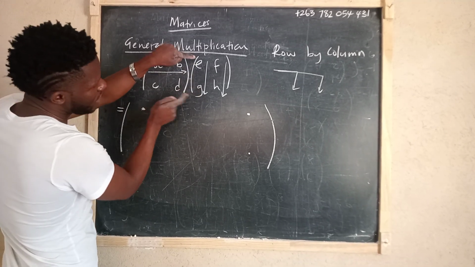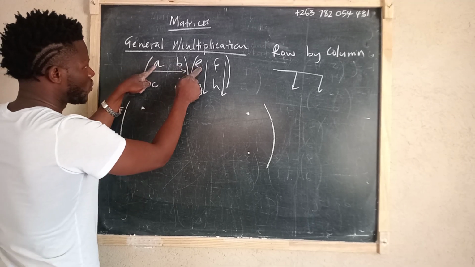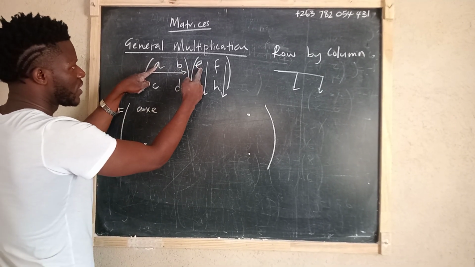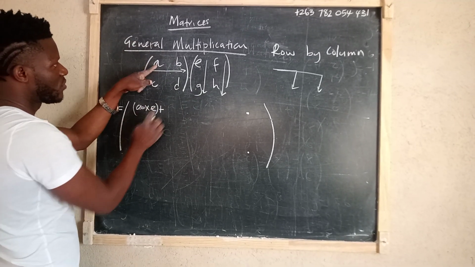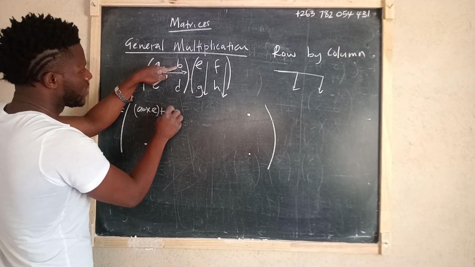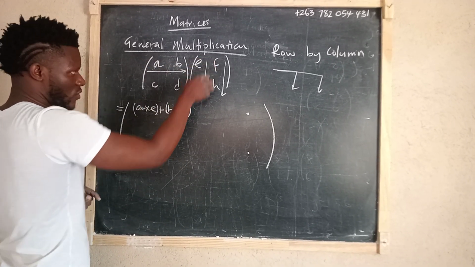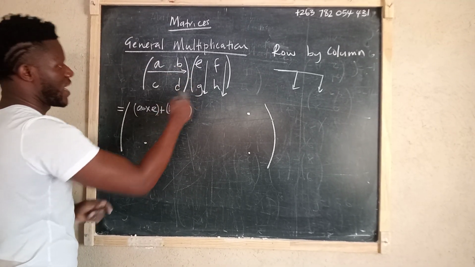In this column, we have a firstborn and a secondborn. So first and first will multiply, that is A times E, then the last and last, and we'll be adding: firstborn times firstborn plus last and last, that is B times G. That's row by column, first by first, last by last.